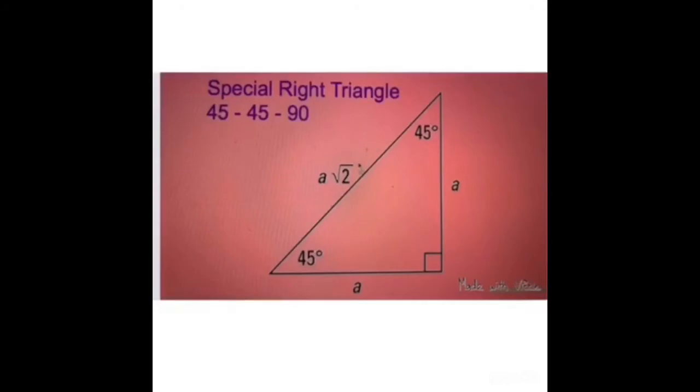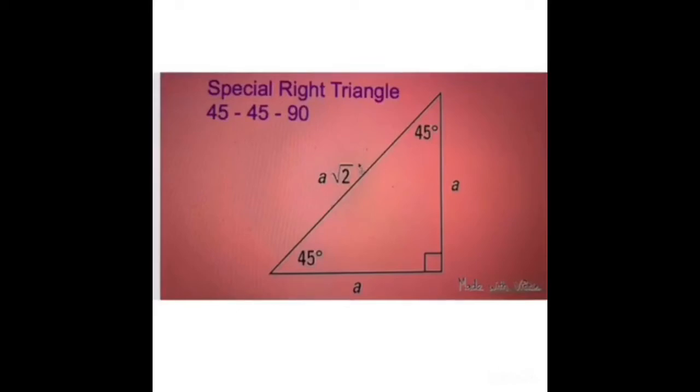Welcome to another lesson. This time you will be learning about the special right triangle 45, 45, 90. If you have 45, 45, 90 and you're given one length, you can find the other two by this special relationship.